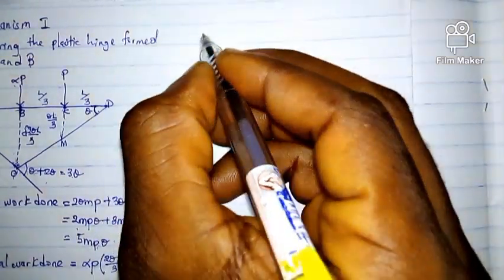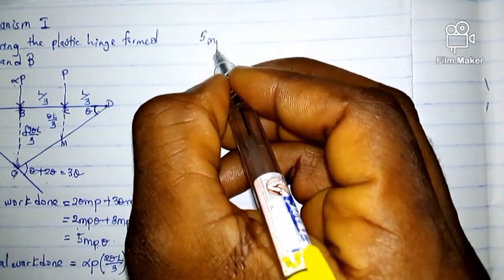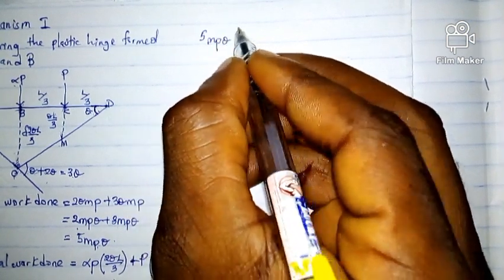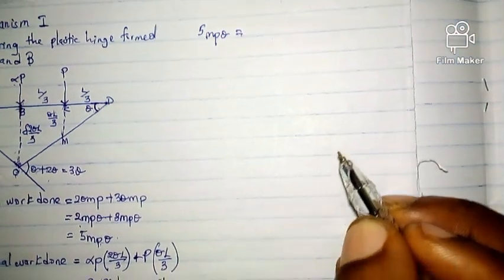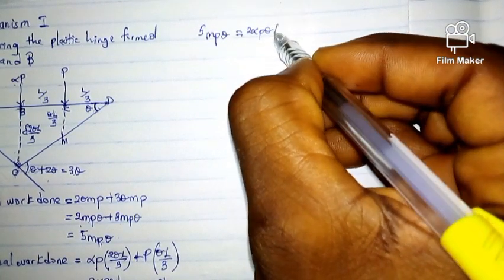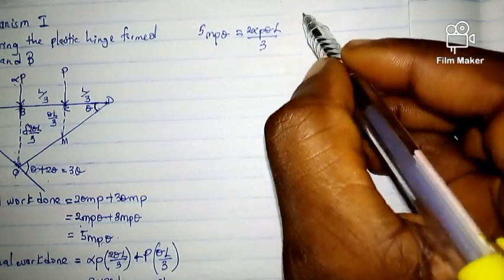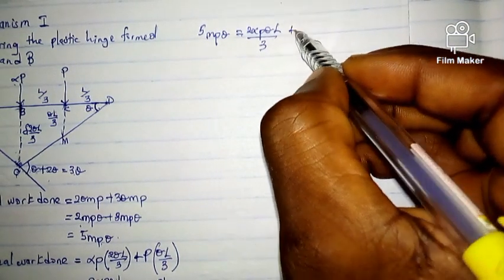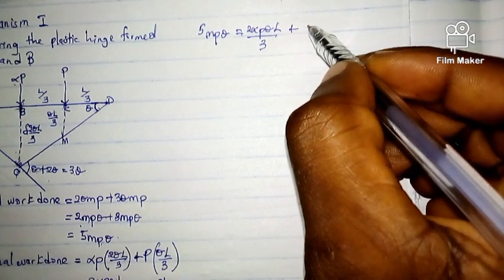5 MP theta is equal to our external work done, which is 2 alpha P theta L divided by 3 plus P theta L all over 3.